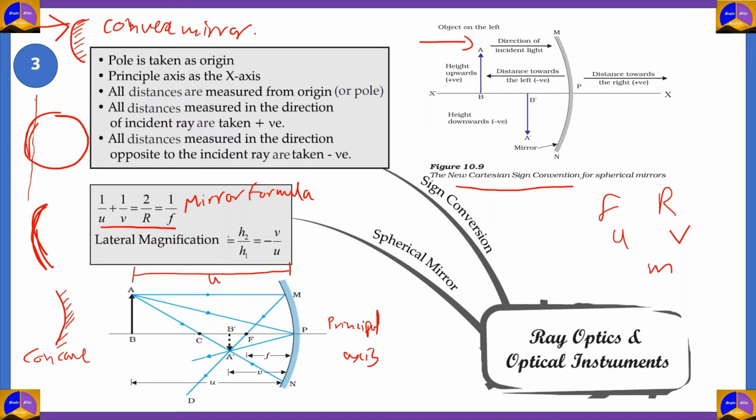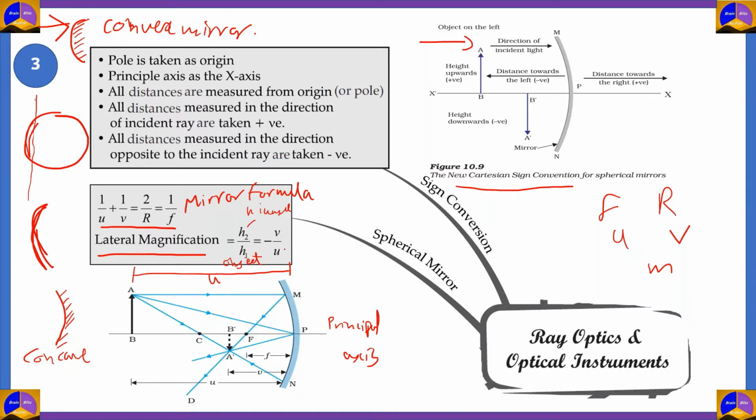The values for v and u change in accordance with each question. And lateral magnification for a concave or convex mirror will be measured as h2 divided by h1, where h2 is the height of the image and h1 is the height of the object, which can also be written in terms of distances as minus v by u.